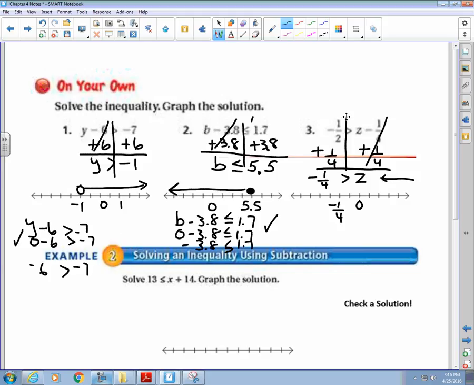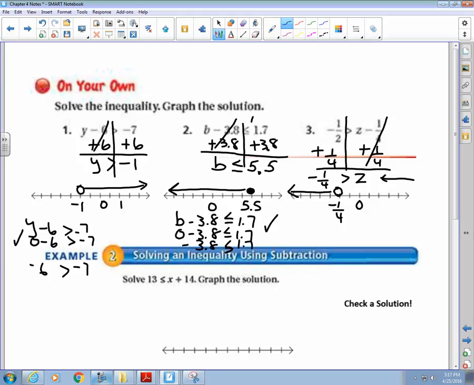It doesn't really matter where it's at. Okay, that's negative 1/4 right there. Now, it says z is less than negative 1/4 if I read it that direction. Less than doesn't say equal to, so it has to be an open circle. And z is less than negative 1/4, that means it goes to the left. All right? It's much easier to graph when you read it from the variable towards the number.